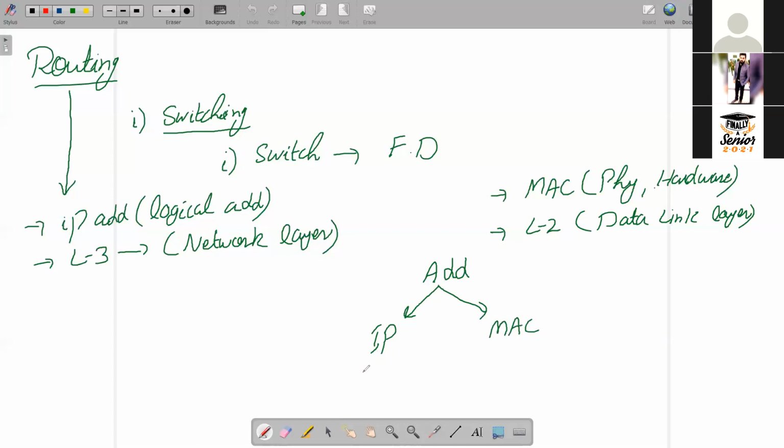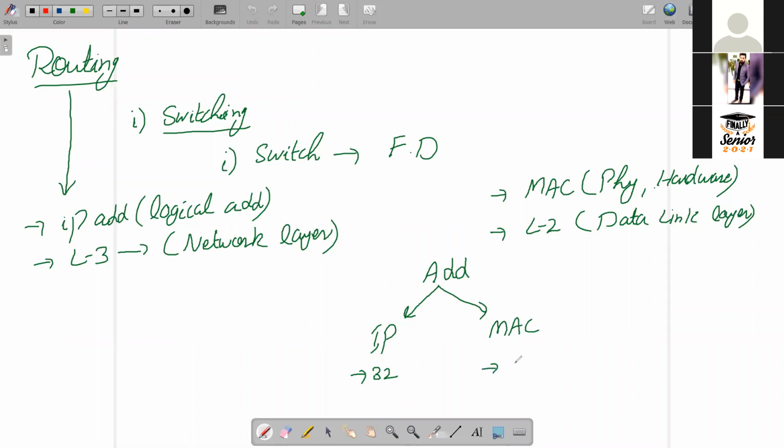As we know, an IP address is a 32-bit addressing scheme, and we have a number of classes, class A, class B, class C, D, and E. In those, we have different host bits and network bits. In class A, 8 bits represent the network. In class B, 16 bits represent the network. And in class C, 24 bits represent the network.